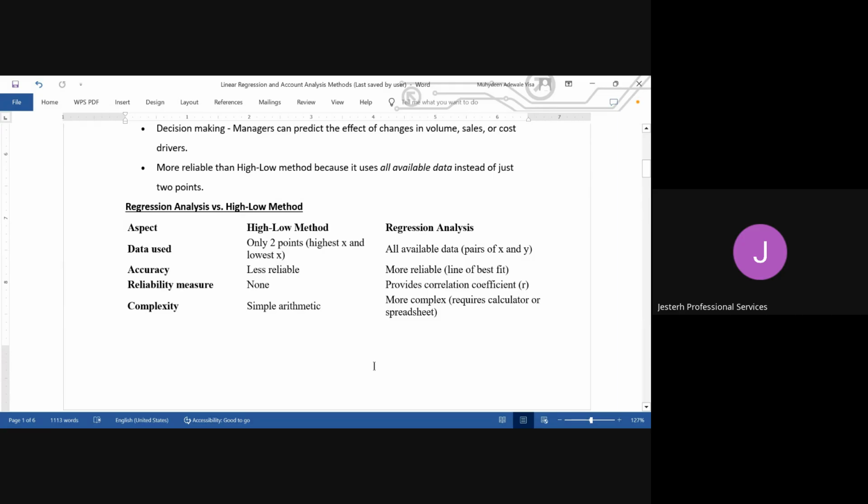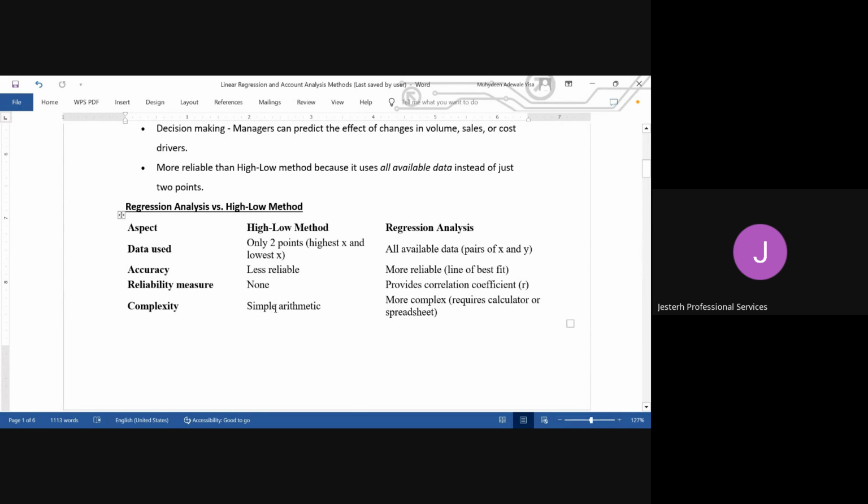You can see the regression analysis and the high and low method, the comparison. Talk about the aspects where they are important and the differences between the two of them. Usage, the data used: with high and low we use two points, whereas with regression we are able to use the full available data.